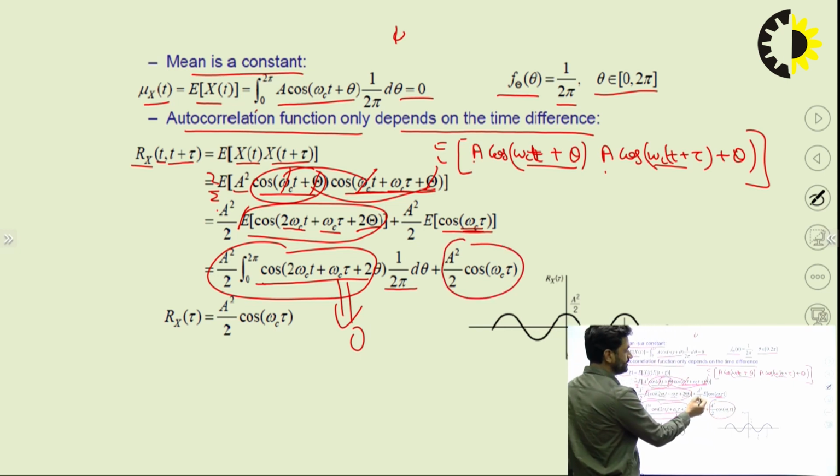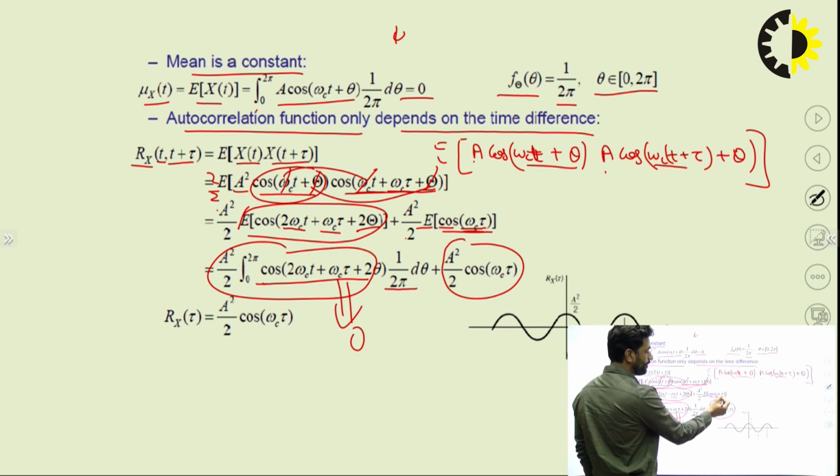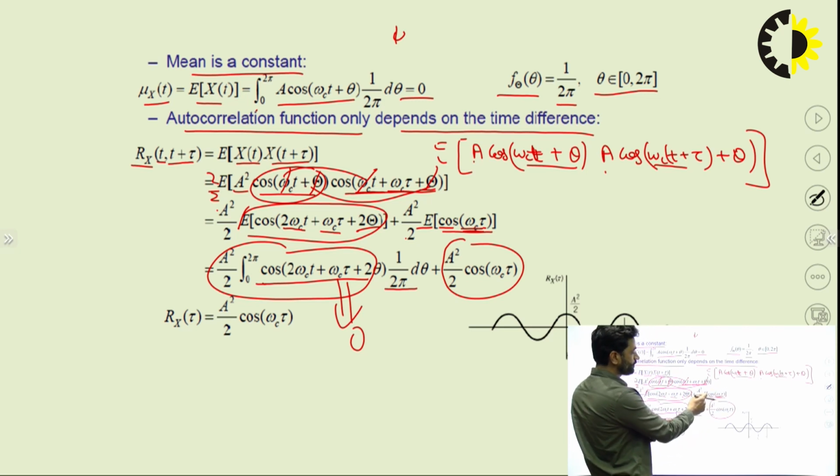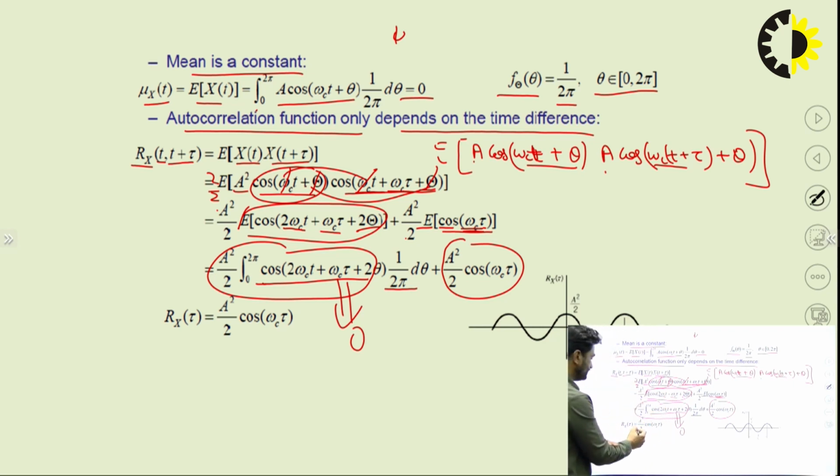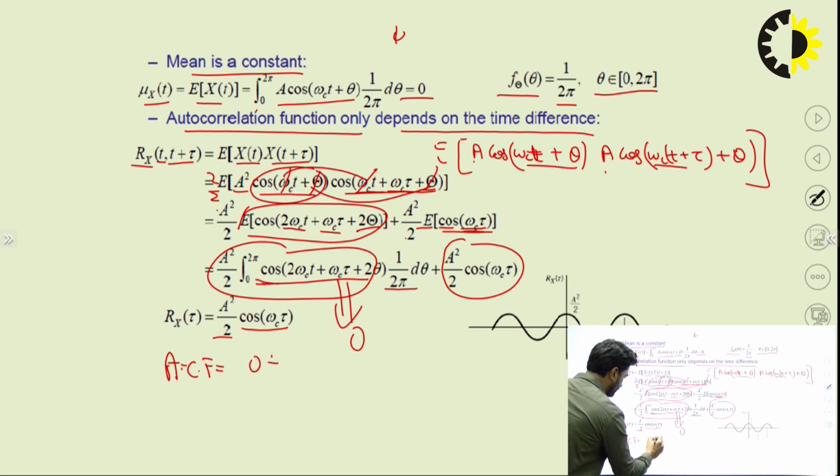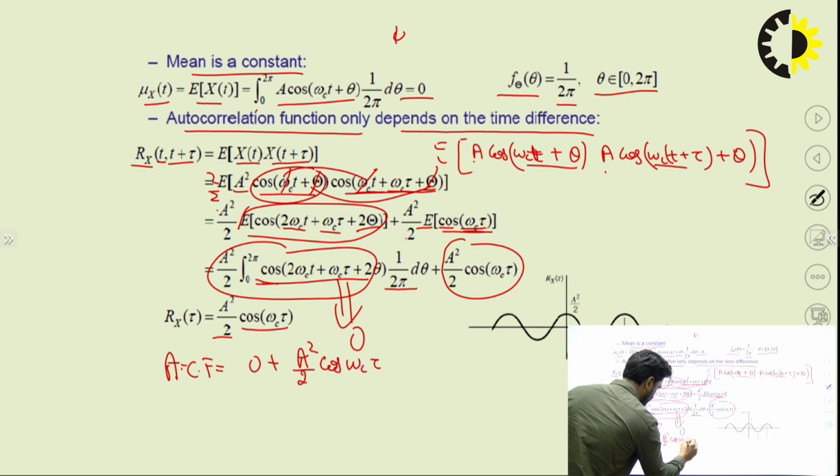Now here you can see A squared by 2 ensemble cos ωcτ. All this quantity is constant, there is no theta in it, so it will come out from this ensemble. So we are left with A squared by 2 cos ωcτ. Now ACF is 0 plus A squared by 2 cos ωcτ.